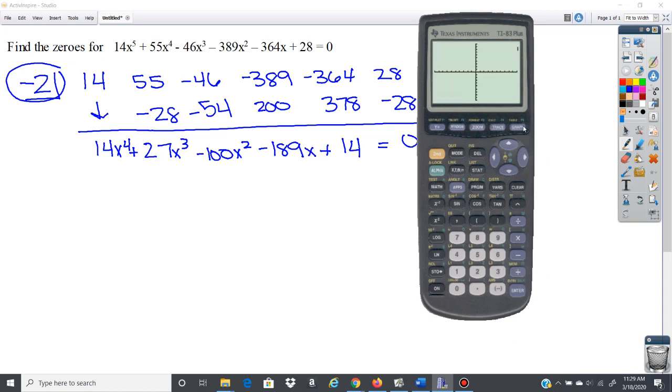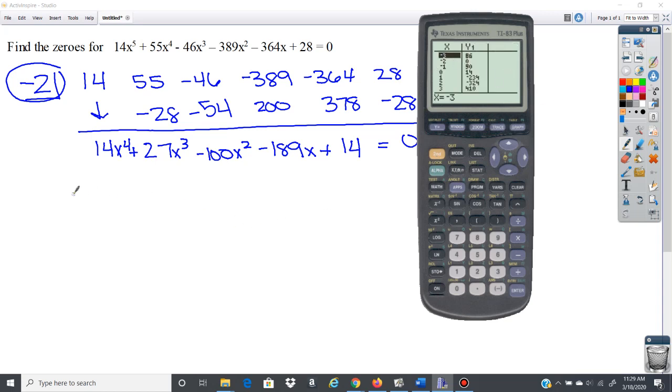Graph. So let's see if we got another zero here. It looks like I'm going to -2 again, which looks like that's going to be okay, because remember from the previous graph, we touched -2 and turned around, which is what happens if we have an even multiplicity, so if it occurs twice. So if I go back to my table, I've got that -2 again.